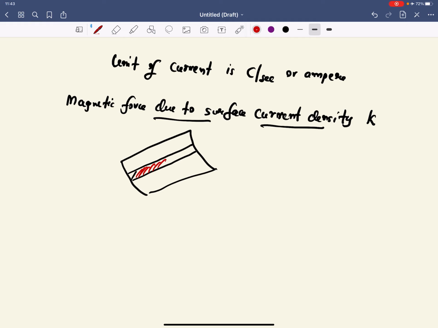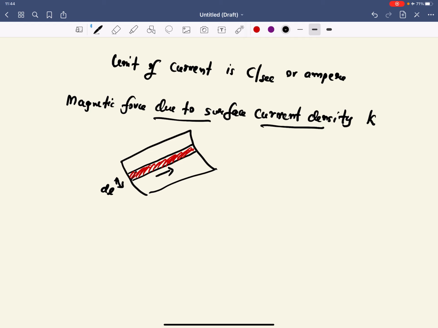Let's shade it in red. This is the elemental length we are considering, and this elemental length is perpendicular to the actual flow of current.